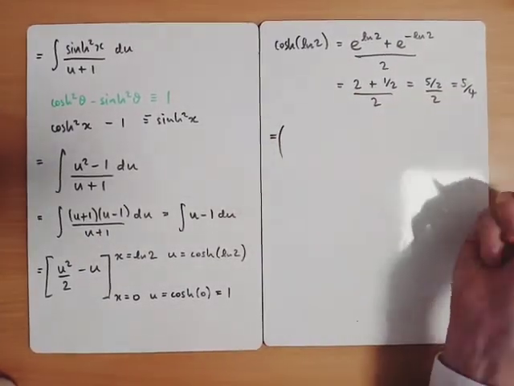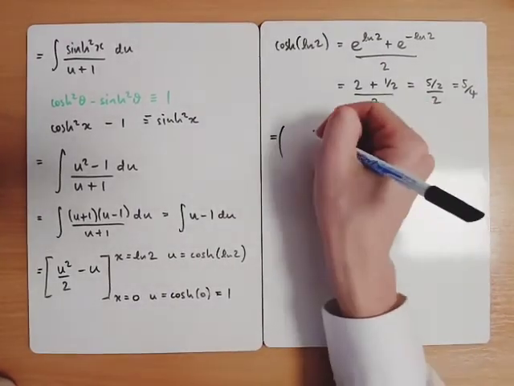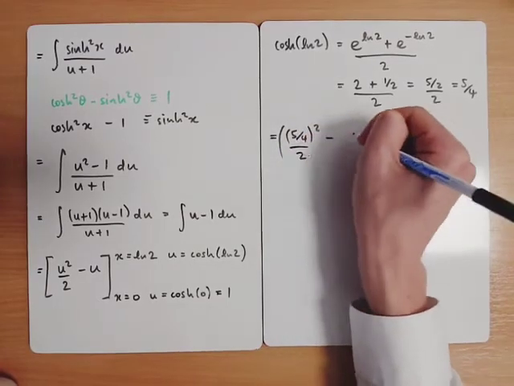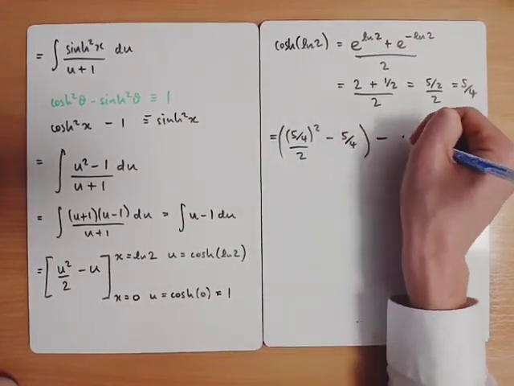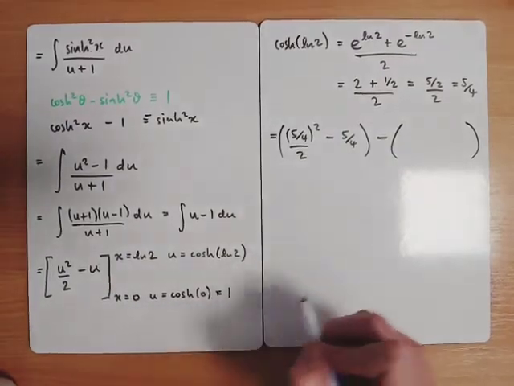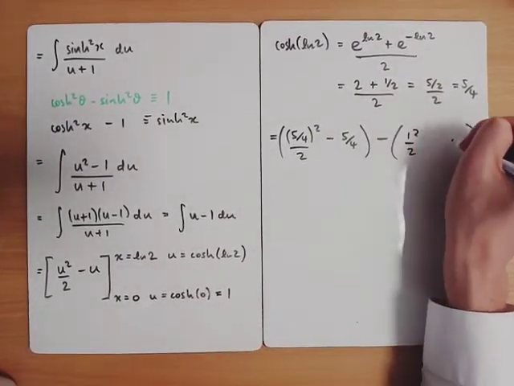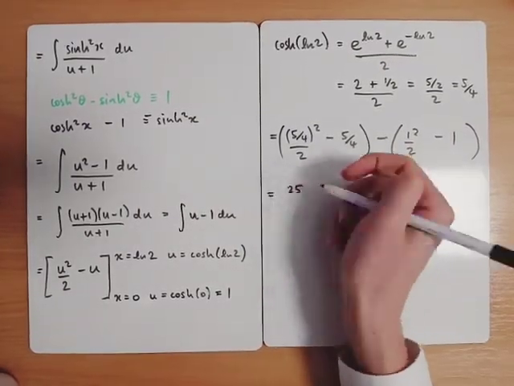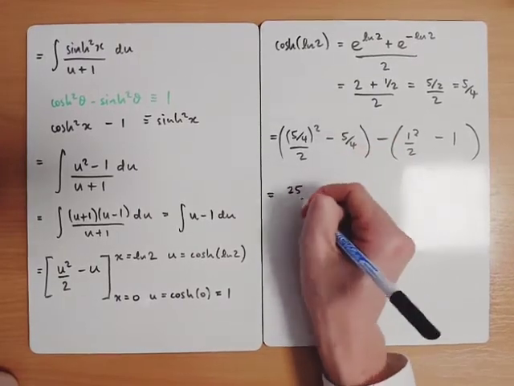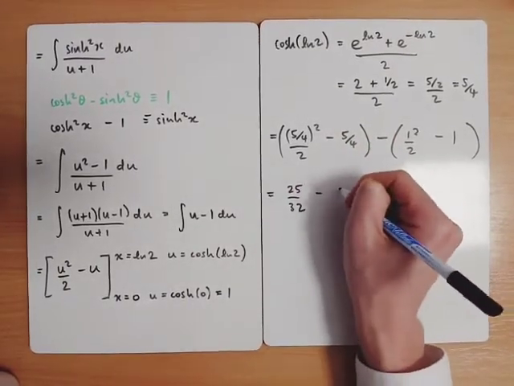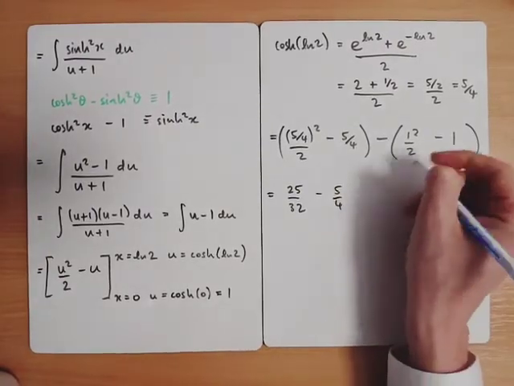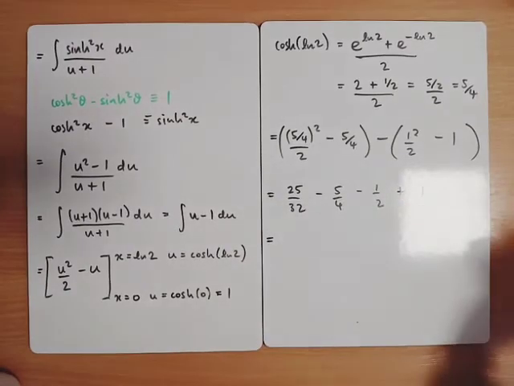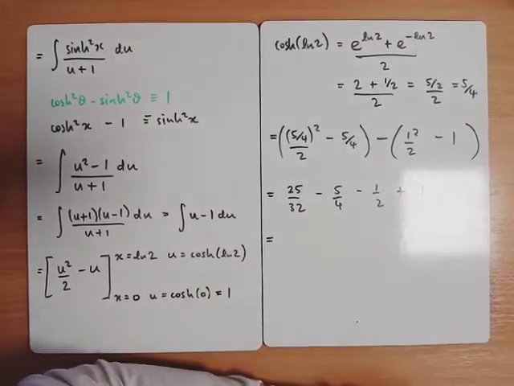Okay, so sub in the limits. Top limit's 5 over 4. Bottom limit would become 1. And then we'd get 25 over 16 divided by 2. We should probably reach for the calculator, shouldn't we?